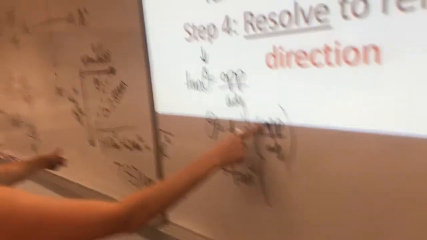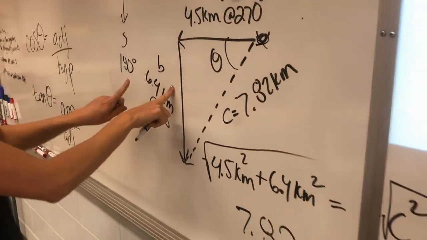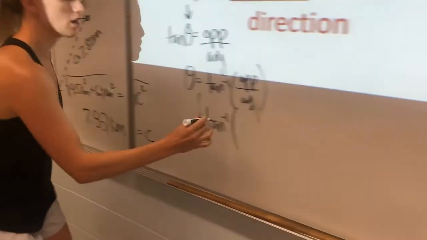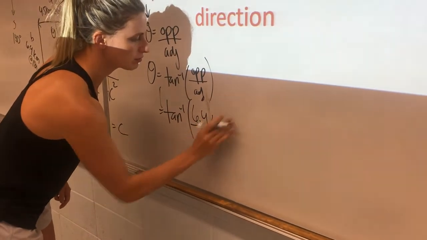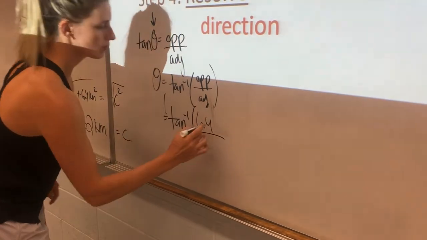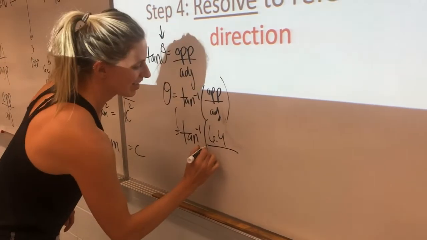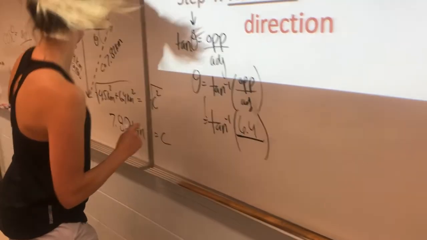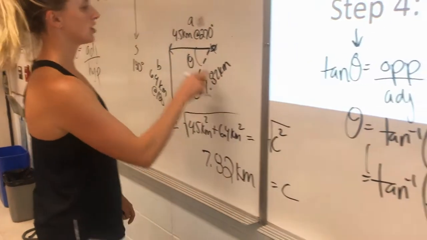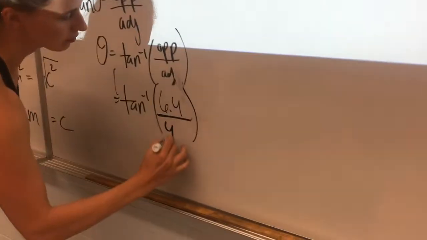Our opposite, if this is my angle right here, is this one, so 6.4 kilometers. Oh, no, I beg your pardon. I never make mistakes either. So 6.4 kilometers, and then my adjacent, the one that's right next to it, touching it, is 4.5.